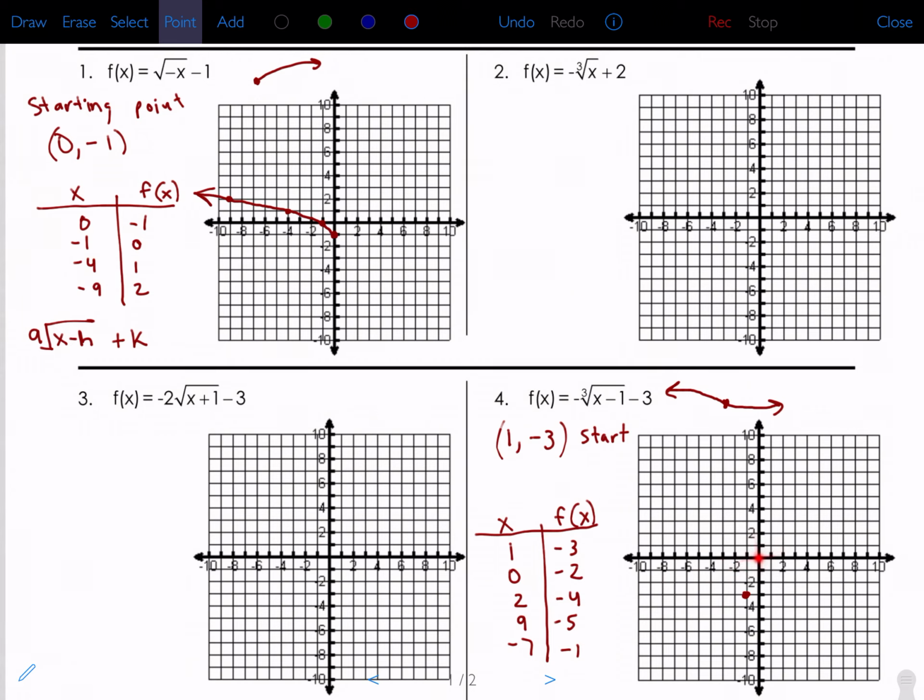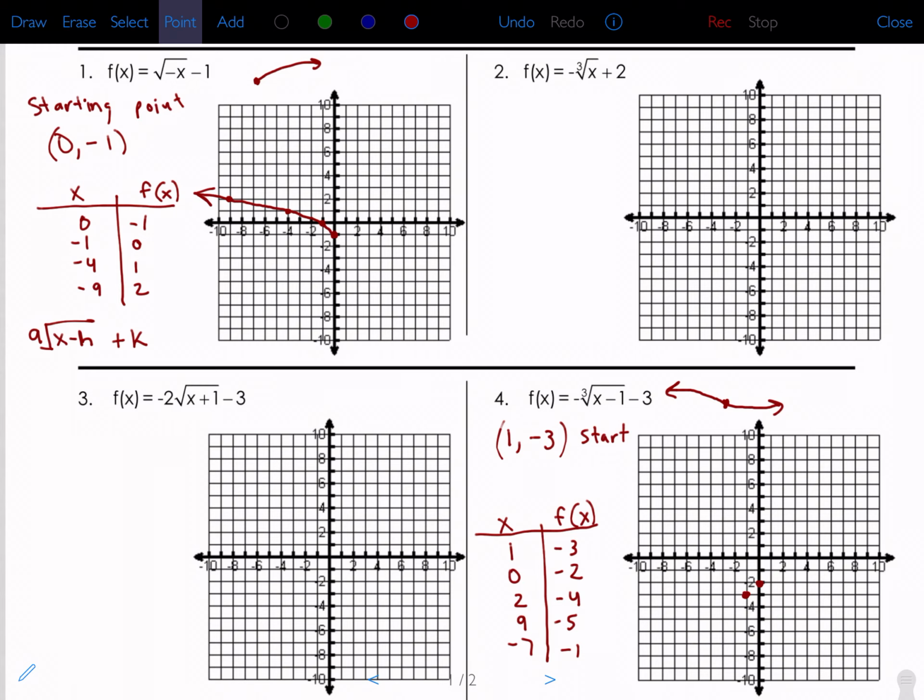So we already graphed 1, -3. So now we got to do 0 on x, and then -2 on y. So right there. Then we have 2, -4. So 2 on x, and then -4. Something seems off with that.